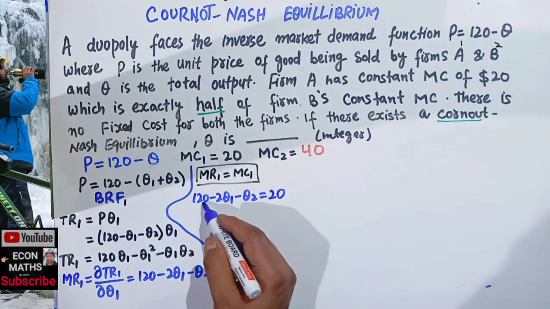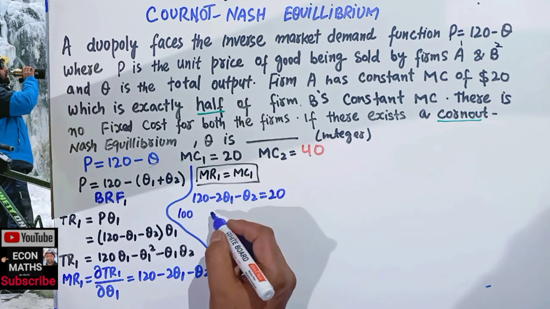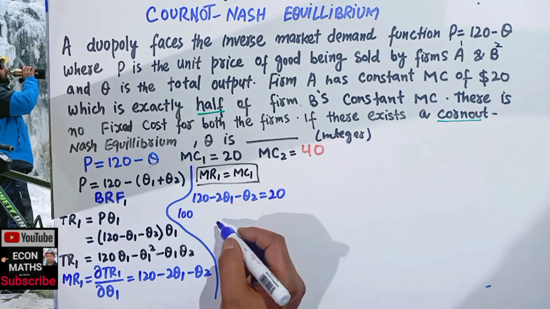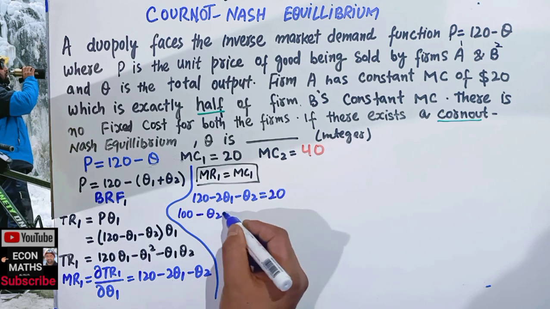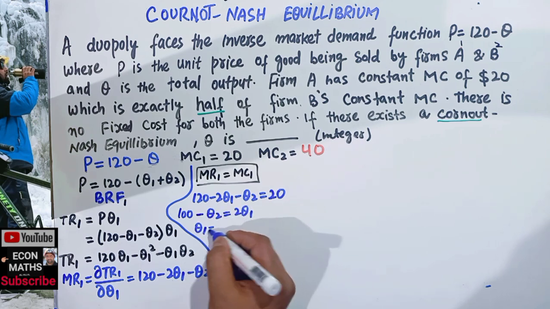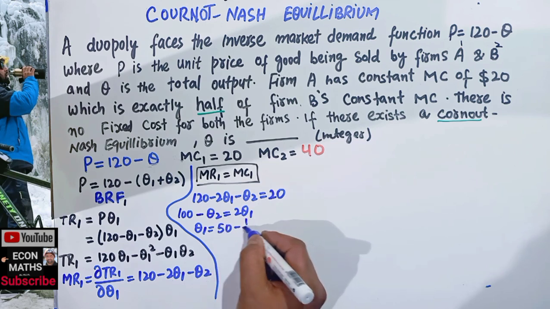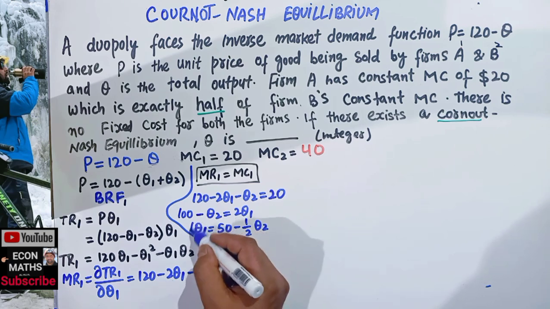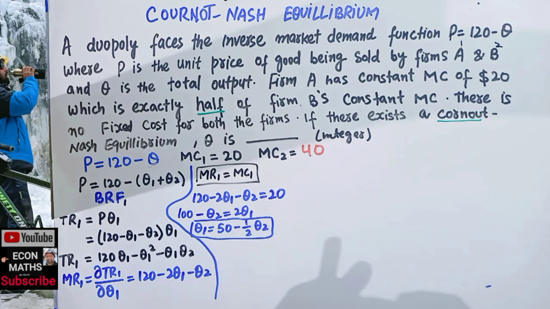So this becomes 100. If I transpose it here, we get Q2 equal to twice Q1. Solving for Q1, Q1 will be equal to 50 minus 1/2 of Q2. This is the best response function of firm 1.